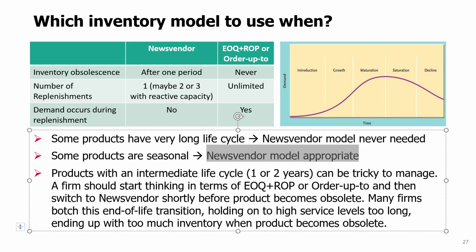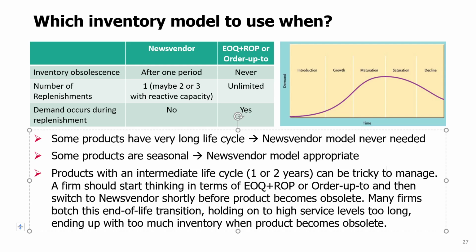However, there are products that have some intermediate life cycles, right? So for example, there could be a product that sells for a year or two, and then the new product or new version comes. Mobile phones are a good example at this time, right? You have, I don't know, an iPhone, a certain version, but very soon there will be a new version, or a Samsung phone, and the same thing, right?